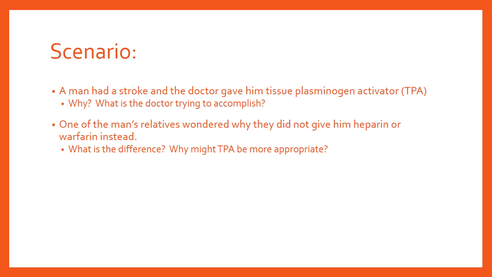There are lots of people who learn from sources like the internet, or Wikipedia, or have a relative who takes these drugs, and they know that heparin and warfarin are used for coagulative disorders.